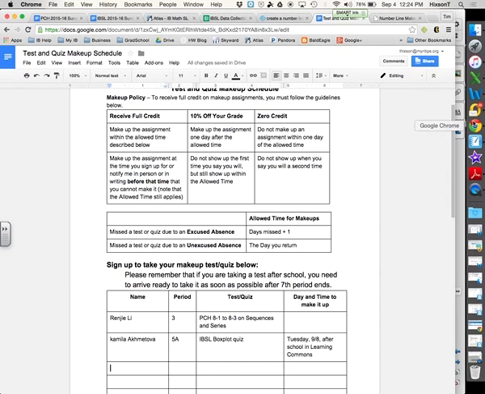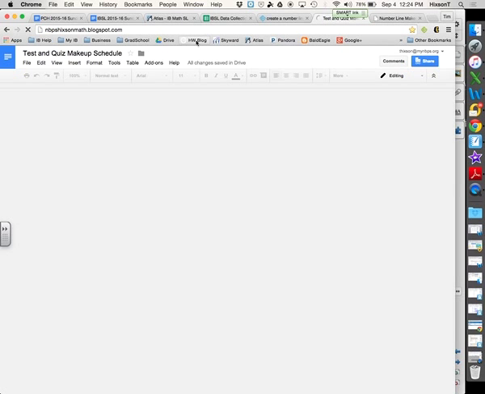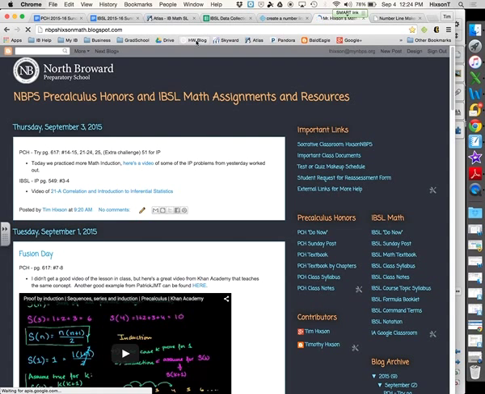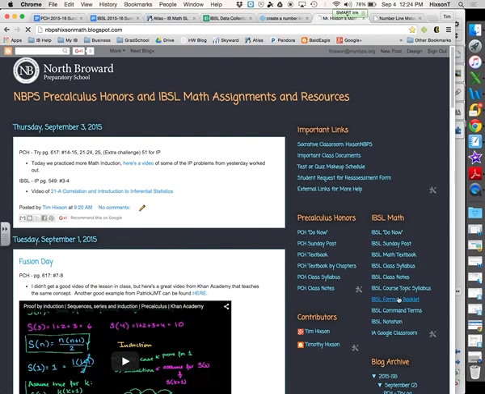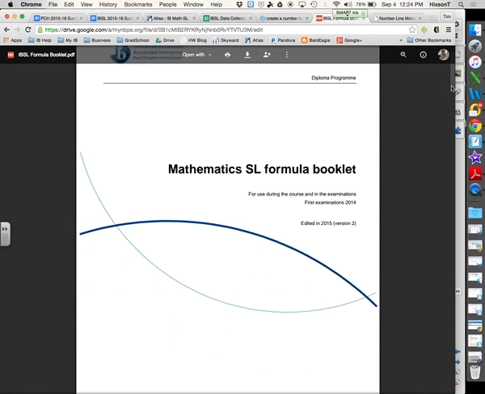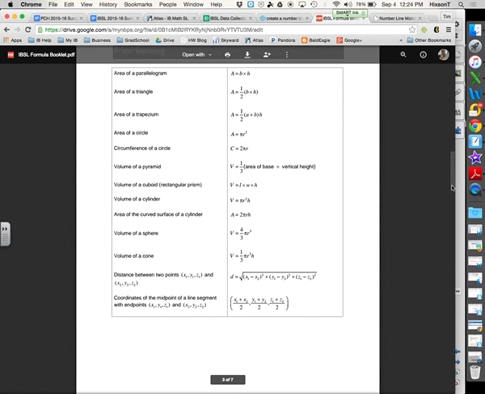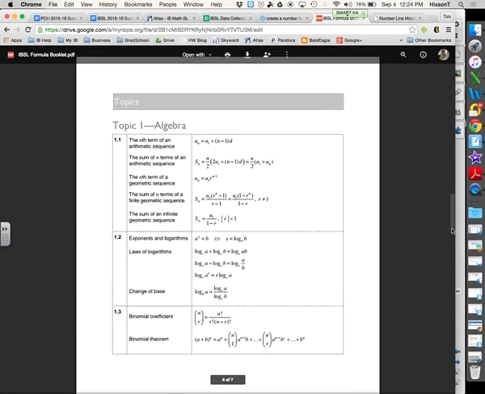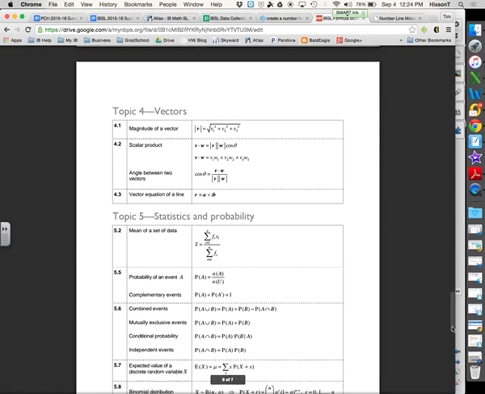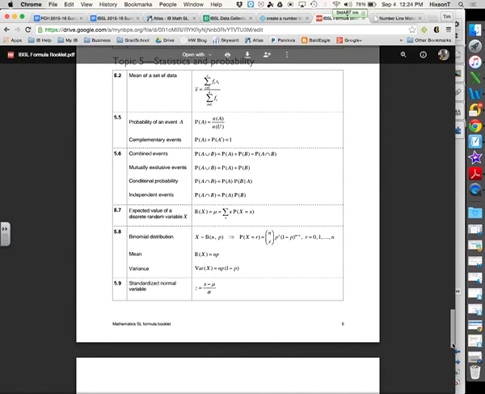let's go find the formula sheet. Formula booklet. If we go down and look at correlation, functions, equations, there's the trig, vectors, statistics, and probability.